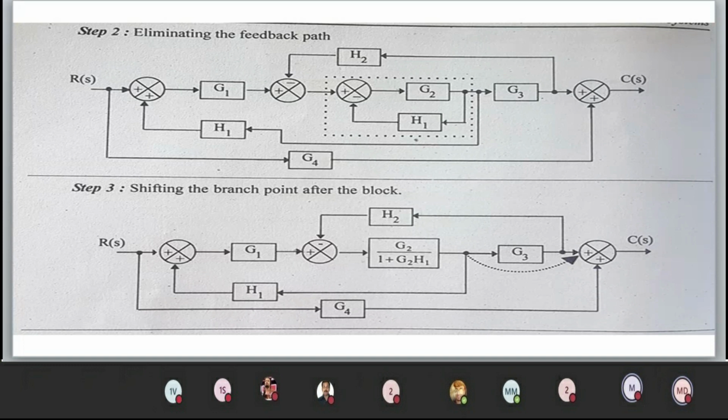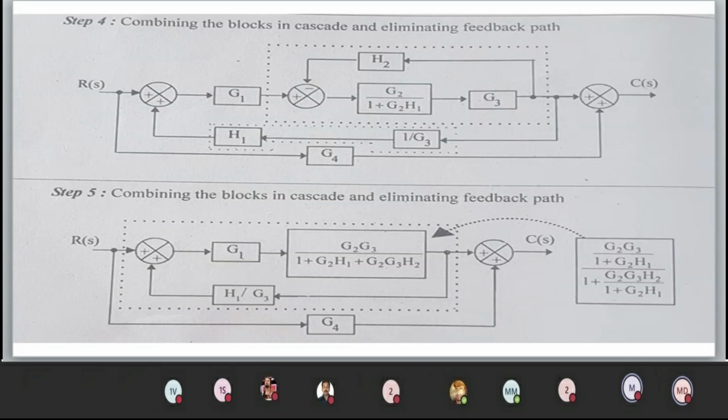Next, you are going to shift a summing point ahead. Ahead means after the block. So you have to divide by the block. So I'm going to move the summing point which is before G3 to ahead. So I have to divide by G3. You can notice clearly here it is H1 into 1 by G3, which is nothing but H1 by G3.